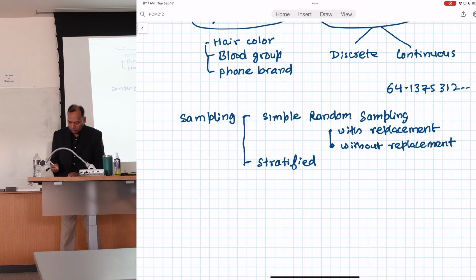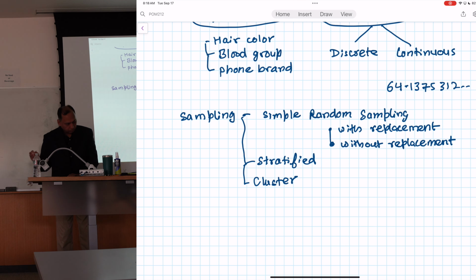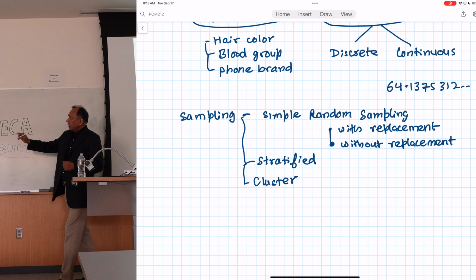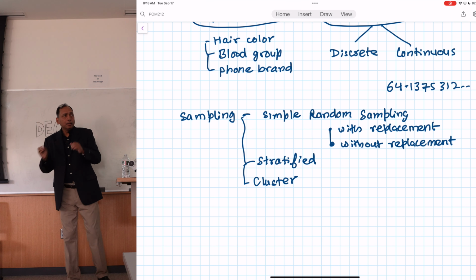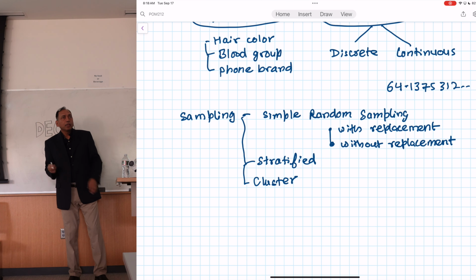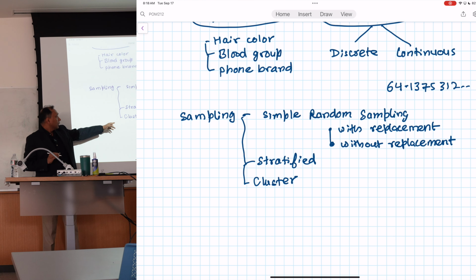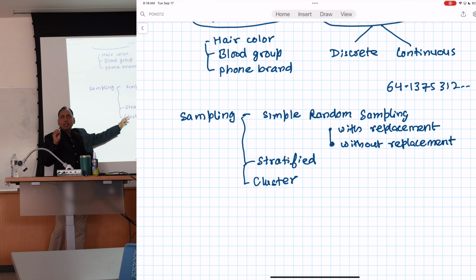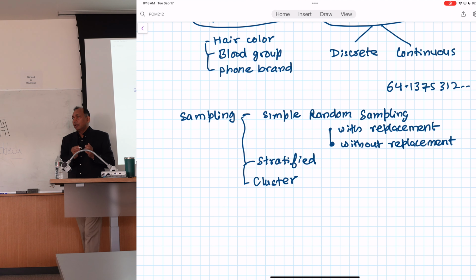Another one is called cluster sampling. Cluster and stratified are similar. You still have groups. The only difference is in cluster sampling, if we have 6 sections, we want to take a sample of 3 sections. So instead of doing simple random sampling within them, we do complete sampling.